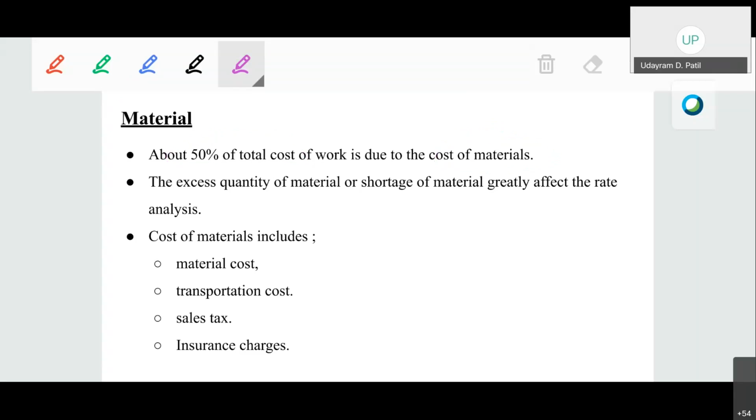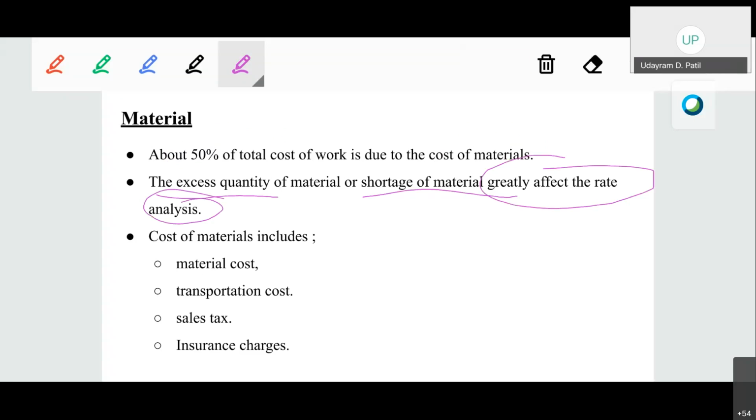Okay, so about 50% of the total cost of the work is due to the cost of the materials. Therefore the calculation of the cost of the material should be as accurate as possible, because that is the major factor which will affect the per unit cost of that item of the work. If the quantity of the material is in excess, or there is a shortage of the material, it will greatly affect the rate analysis.